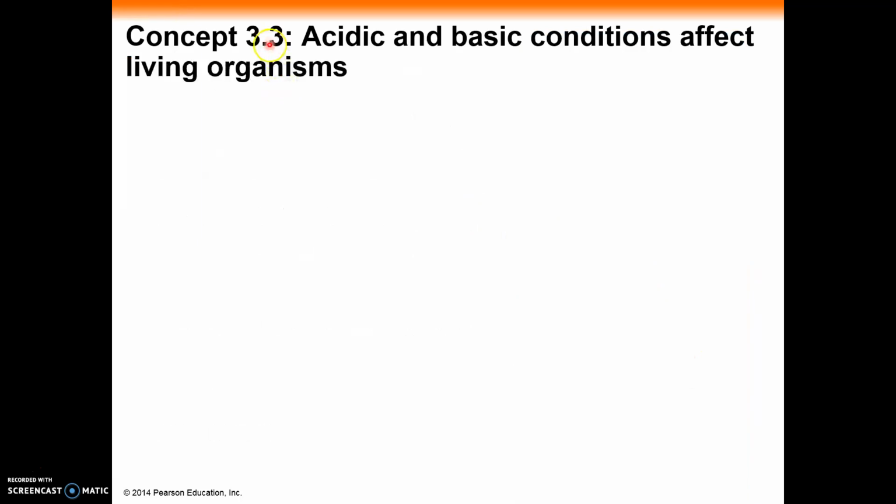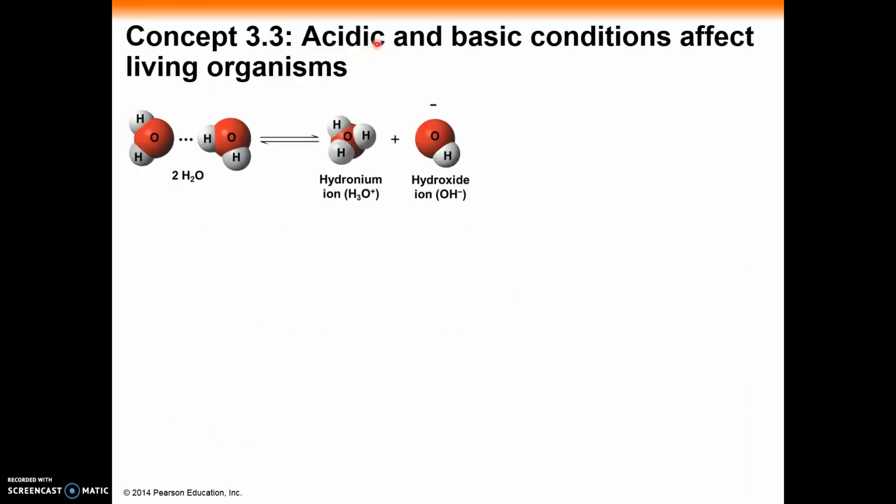So, concept 3.3: acidic and basic conditions affect living organisms. Remember, water molecules form hydrogen bonds. Every once in a while, a hydrogen ion from the hydrogen bond can leave, forming a hydronium ion and a hydroxide ion.